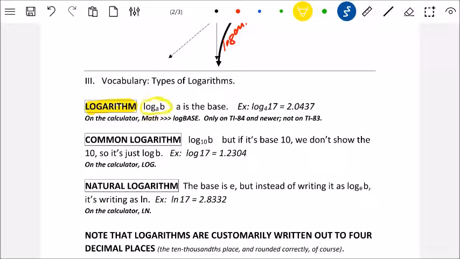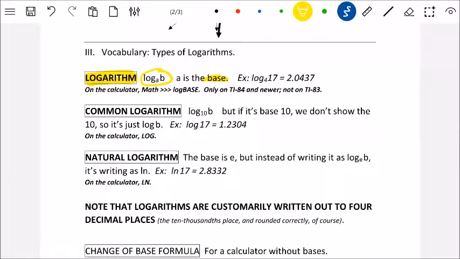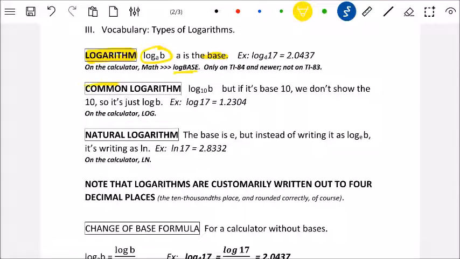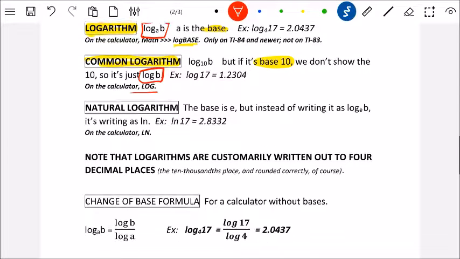Logarithms, like what we've been talking about already, where A is the base. Common logarithms are where it's base 10. Okay, we don't show the 10, so notice here we would do log base A of B, and here's just log B. It's understood that the base is a 10. And so you can just use the log command on the calculator.